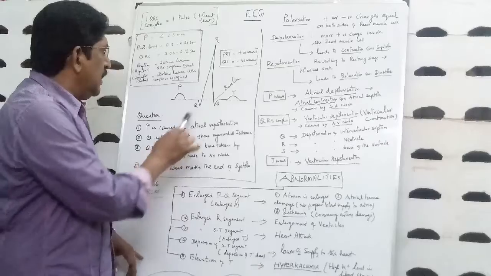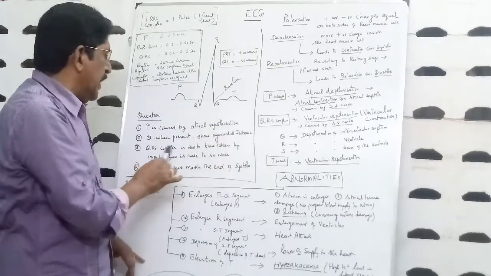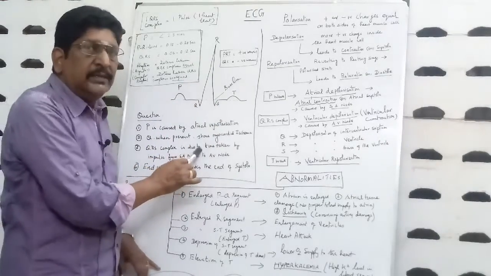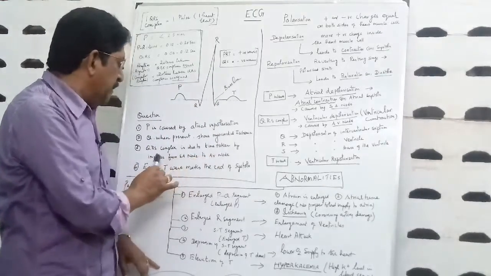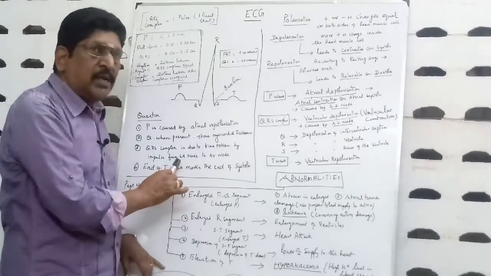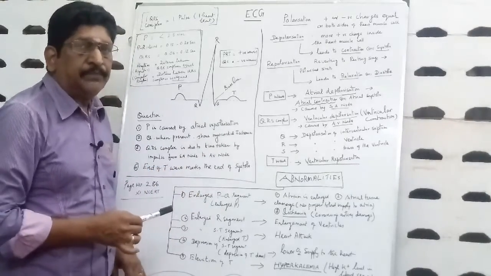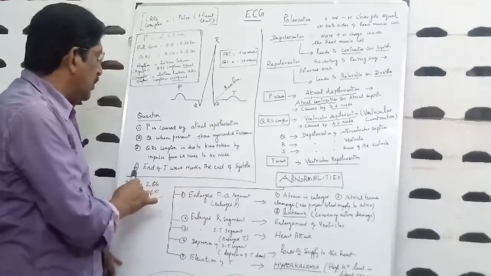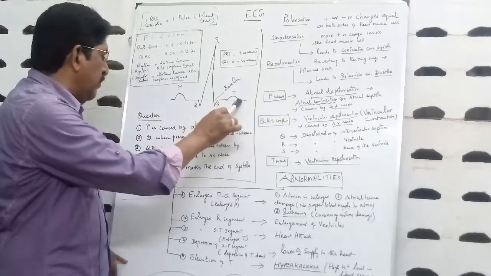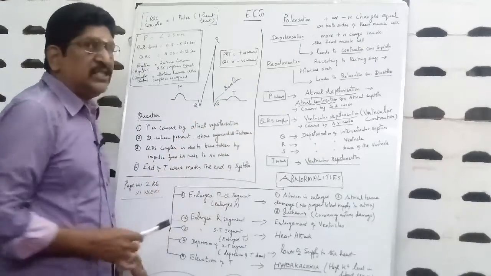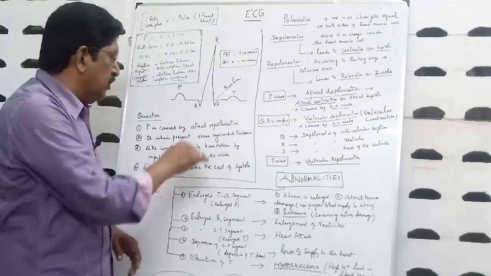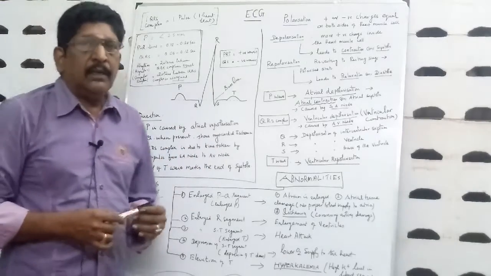Third option, this QRS complex is due to the time taken by impulse from sino-auricular node to AV node. Option number 4, the end of the T wave marks the end of systole. So we have to find out the right option.